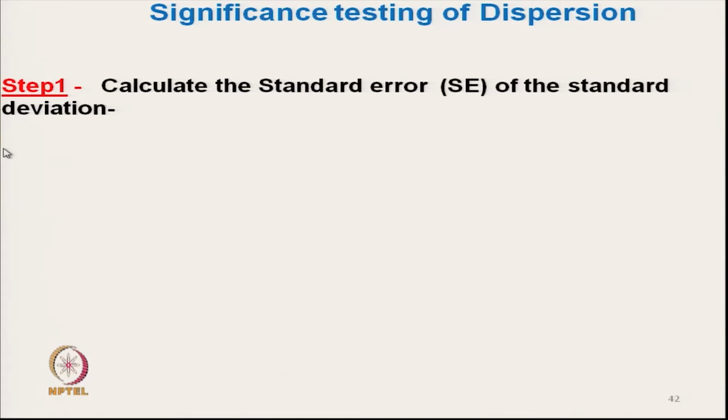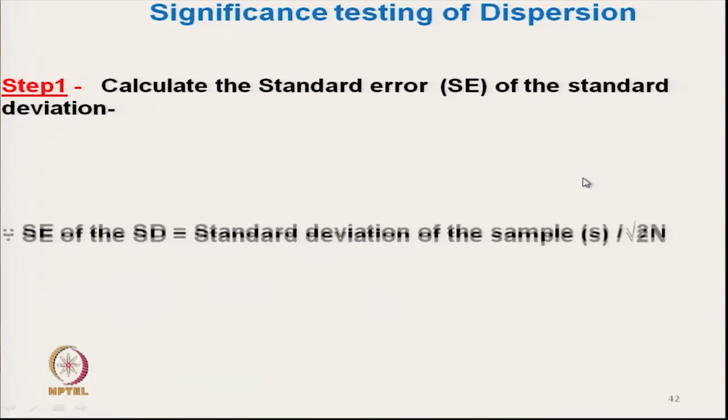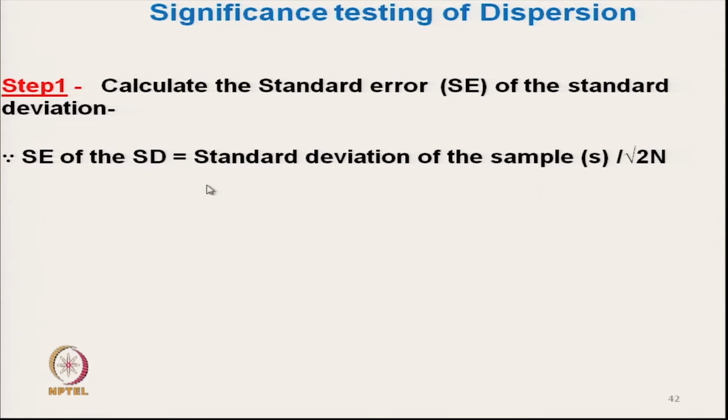Earlier we calculated the standard error of mean. Here we are trying to calculate the standard error of standard deviation. The formula is, instead of n it will be 2n: standard error of standard deviation is the standard deviation of sample divided by root 2n.